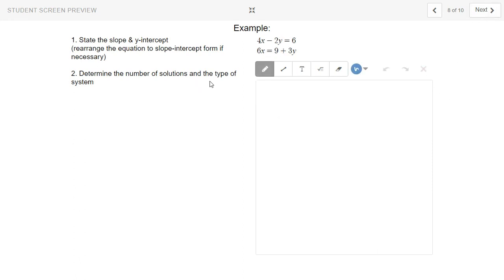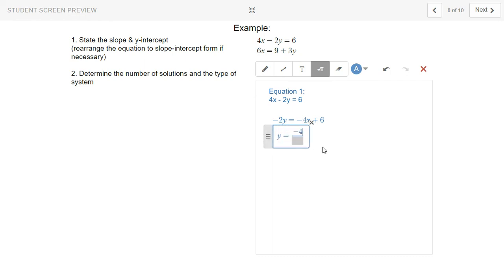Let's do another one. Equation 1. We have 4x minus 2y is equal to 6. Let's rearrange this. So we have -2y is equal to -4x plus 6. Let's divide everything by -2.